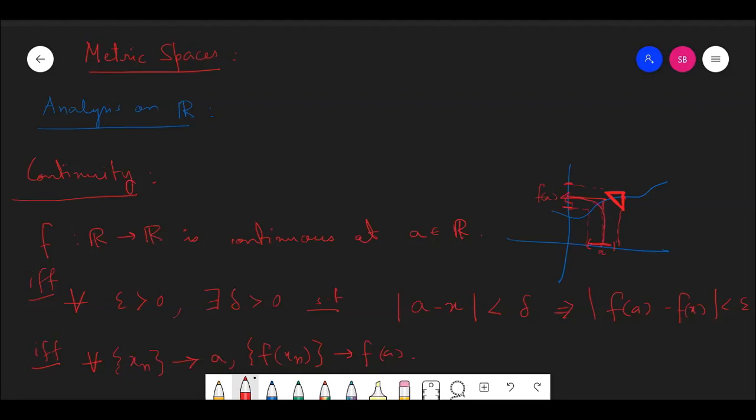That is, for any number here, the functional value of that number is within f of a plus epsilon and f of a minus epsilon. So this is the geometric interpretation of it. And this is how we define continuity on R. Okay.